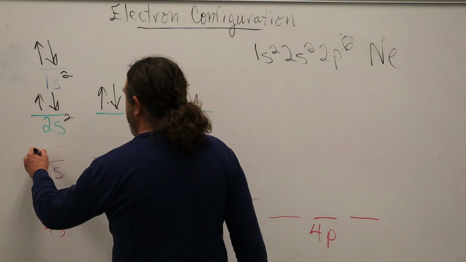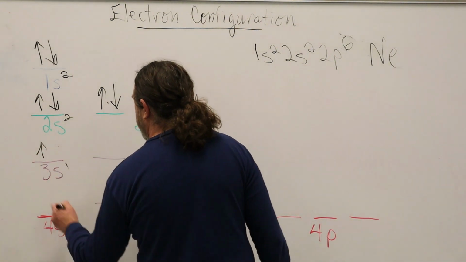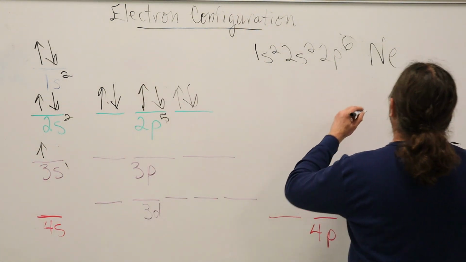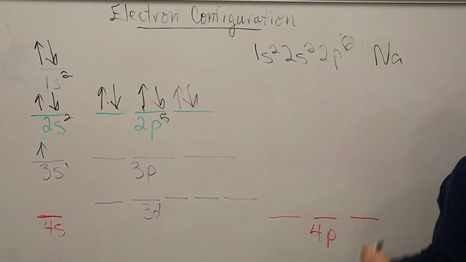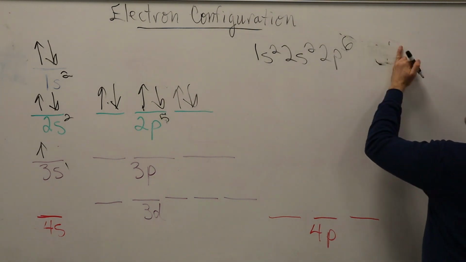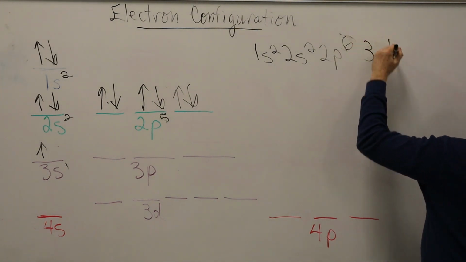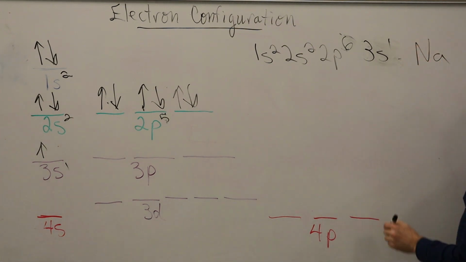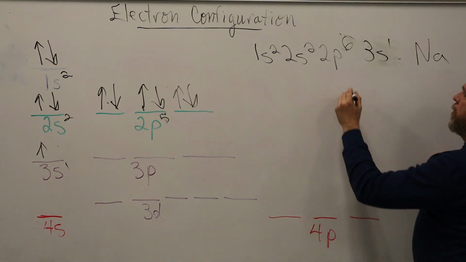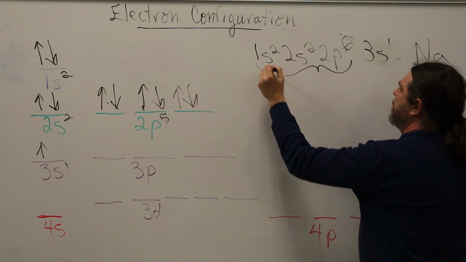So we would naturally move on to sodium like this, and that would be sodium. Now here's a little catch though. Once these things start getting long, scientists will often use what is called the noble gas configuration.